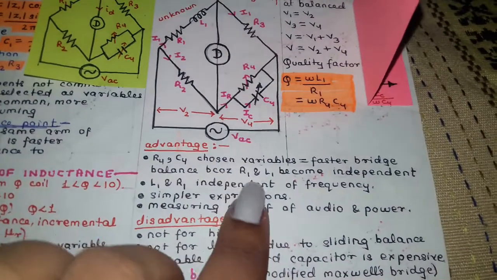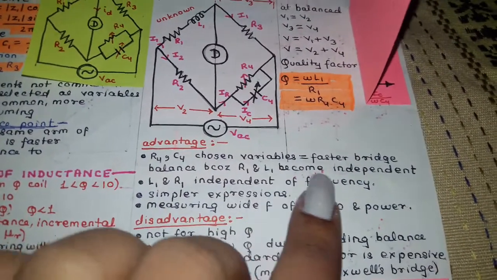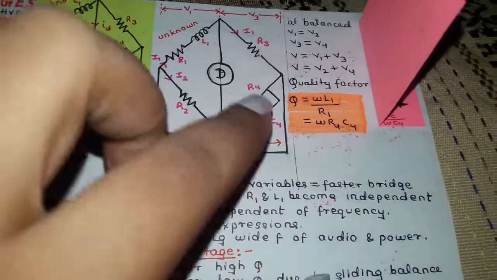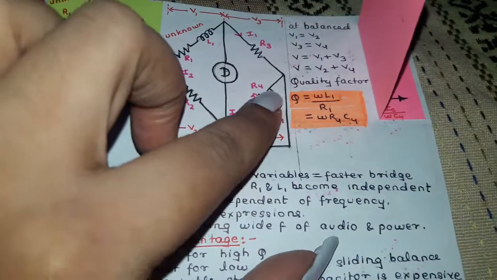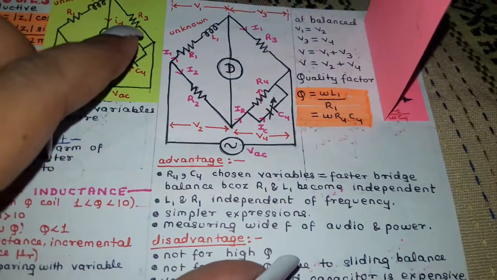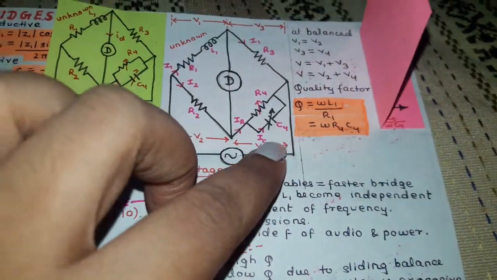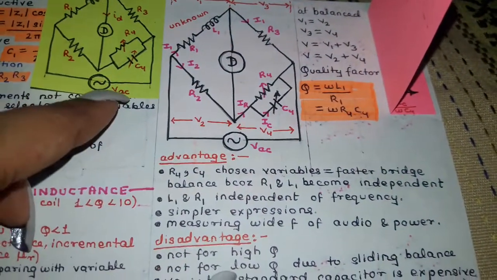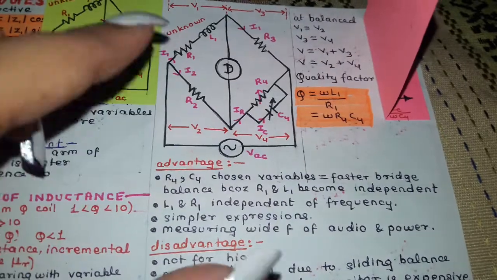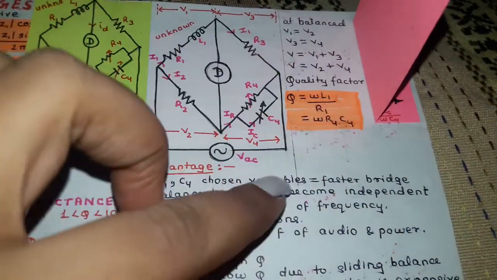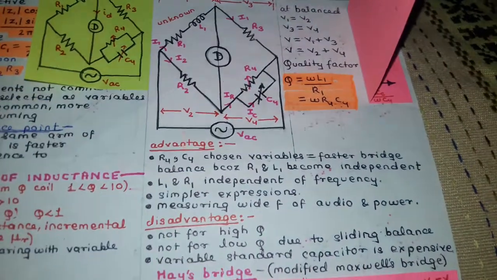Because R1 and L1 become independent; they do not depend on this particular R, so the bridge balancing becomes faster. In part 1 we studied that if you take a common variable, then the bridge takes more time to balance, but if the element is not common to other branches, then your bridge balances faster.